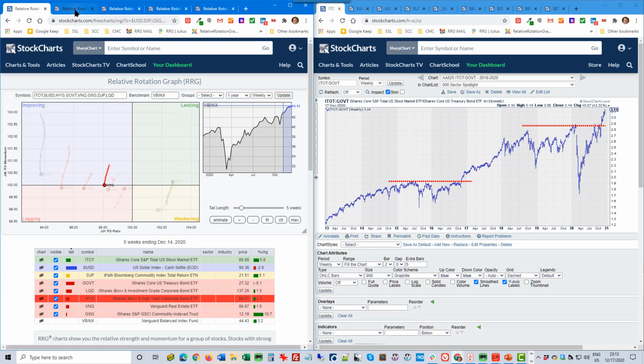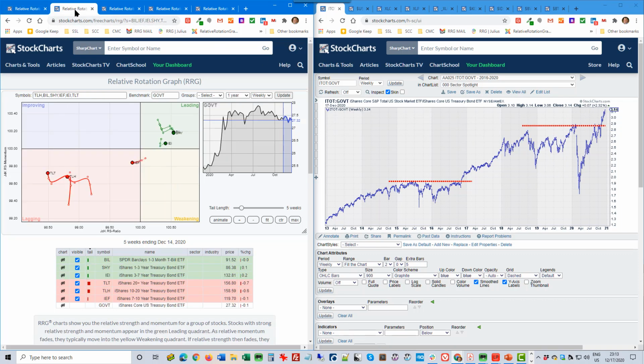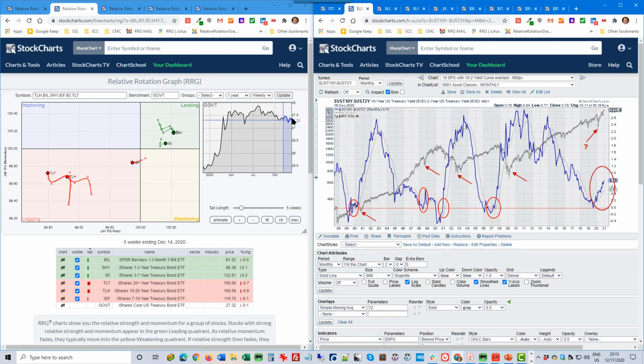Now, the second RRG that I want to talk to you about is the one that shows the various maturities on the yield curve, the various maturities in the bond market. And what we see here is that the shorter dated bonds are all concentrated in the leading quadrant, while the longer dated bonds are located in the lagging quadrant.